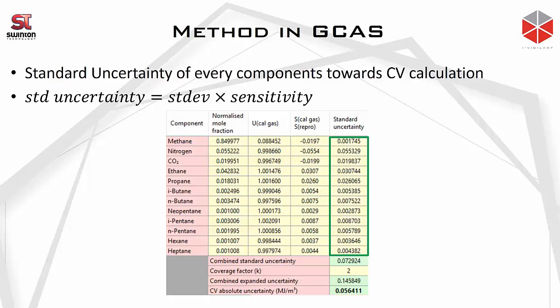But if we talk about the uncertainty of reproducibility from our calibration, then we get it from the 2 standard deviation of it. So we take the uncertainty of the calibration gas in this example, multiply that by the sensitivity, and what we get is the standard uncertainty. After that, we can combine the standard uncertainty of each individual component.